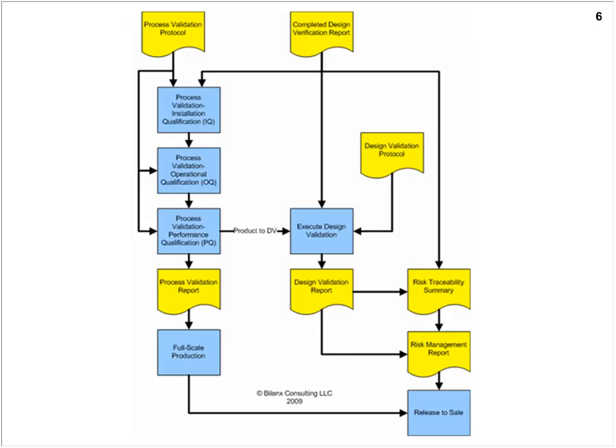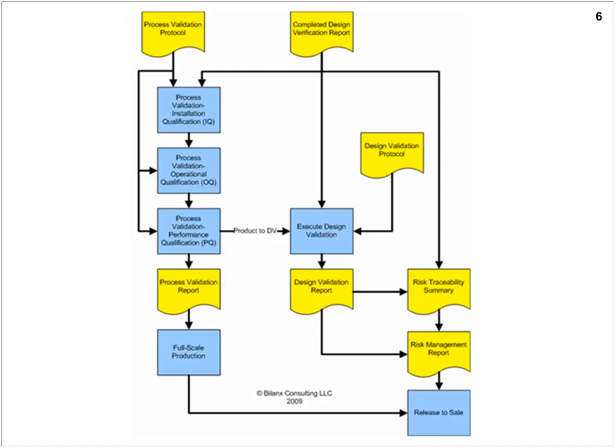Once we've completed the installation qualification step, and we'll be describing each of these steps in detail as we go through the presentation, then we'll move into the operational qualification phase. And operational qualification has an input, of course, from the installation qualification, but also some more documentation from our process validation protocol, which will guide us on how we're going to perform the OQ, or operational qualification phase.